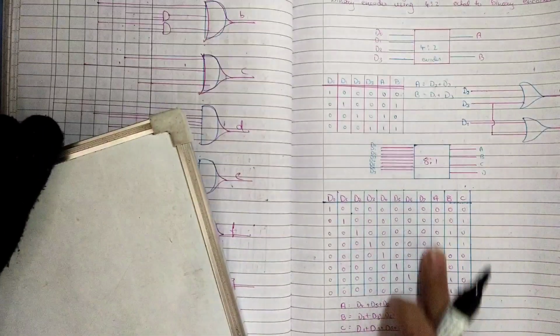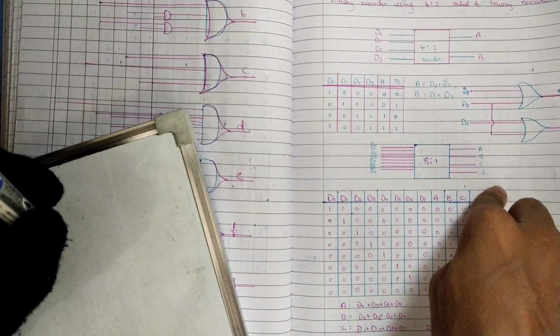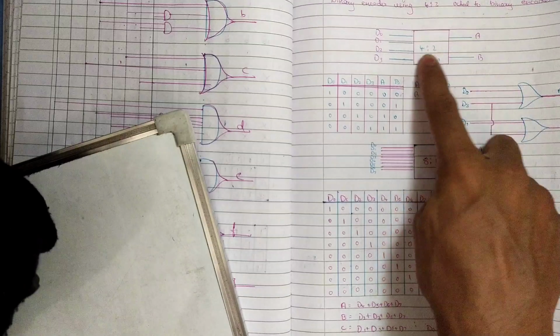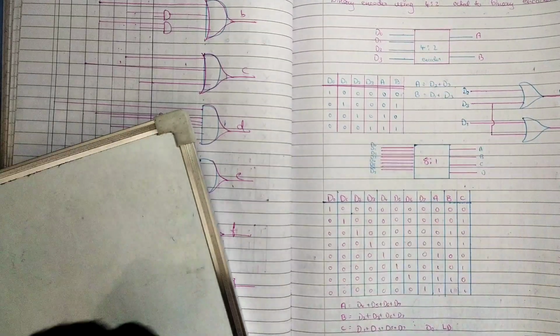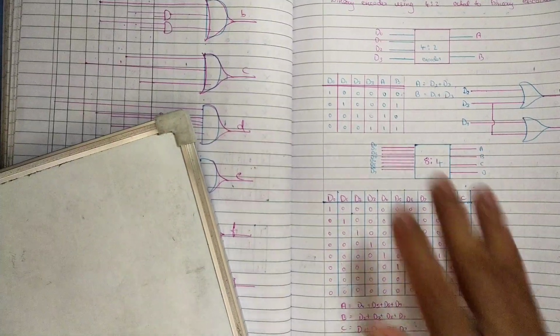So for that, from the 4:2 octal to binary encoder we have written here. See here, binary encoder 4:2 octal. So from 4:2 we made 8:, here 4 should come. Okay, I made it as 8:4. Just draw this and finish it.